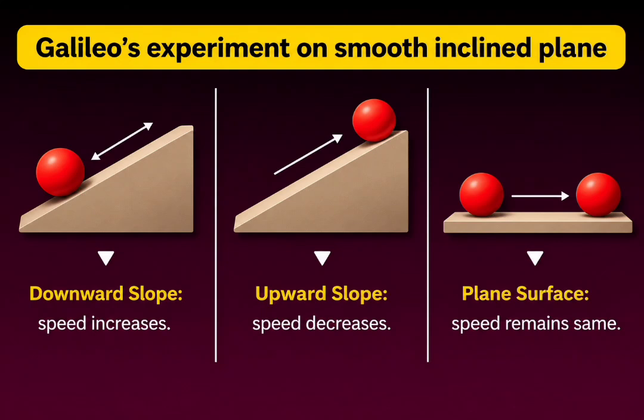From this experiment, Galileo concluded that an object continues in its state of rest or uniform motion unless an external force acts on it. This property of an object to resist any change in its state is called inertia. So Galileo's experiment laid the foundation for Newton's first law of motion, which is also known as the law of inertia.